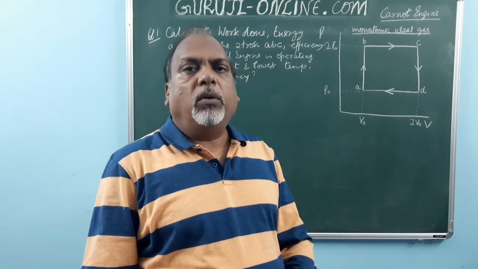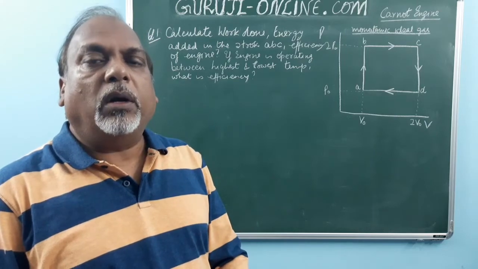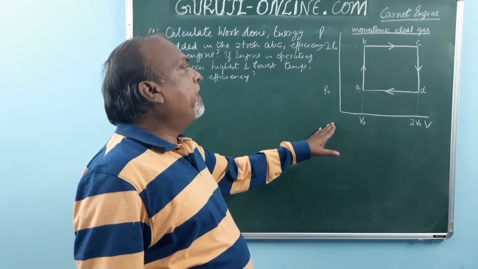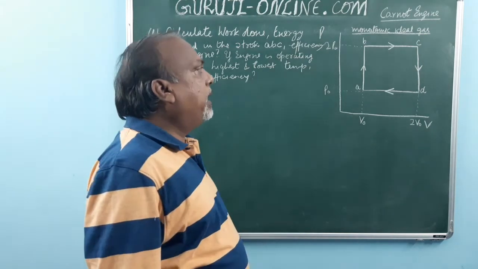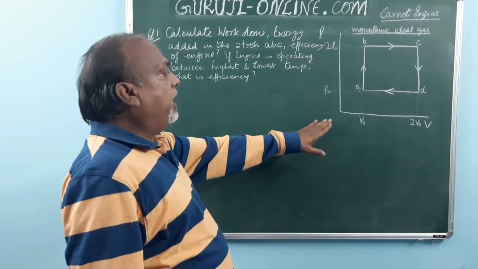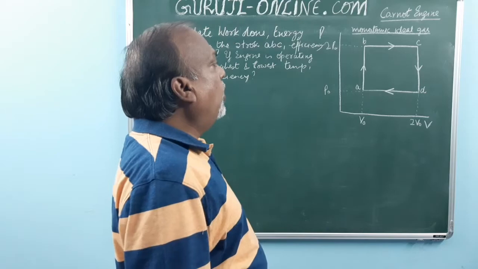Today, we are going to solve some problems pertaining to the Carnot cycle. So, this is one figure, and it is showing a Carnot cycle. It is a graph between pressure and volume.